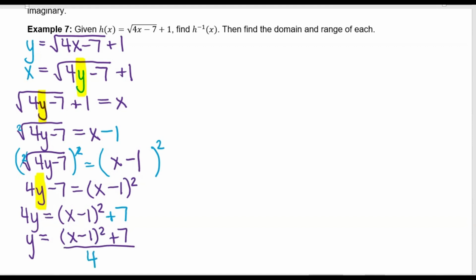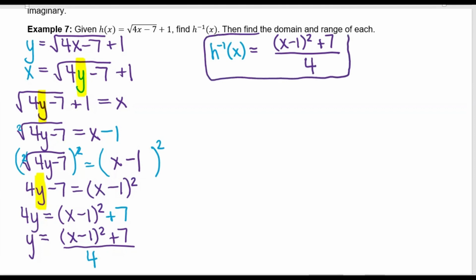And then our last step is to put our inverse notation. Since our original function was named h of x, we're going to name our inverse h inverse of x. And that's going to be equal to x minus 1 quantity squared plus 7 all over 4. We do not need to FOIL out the x minus 1 quantity squared and add the 7.